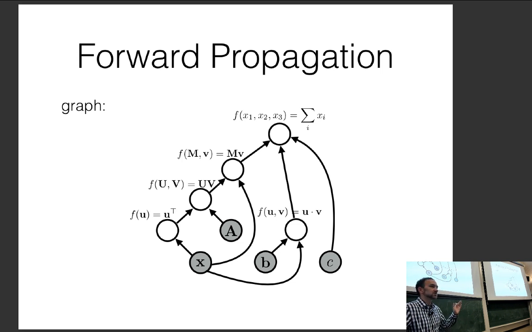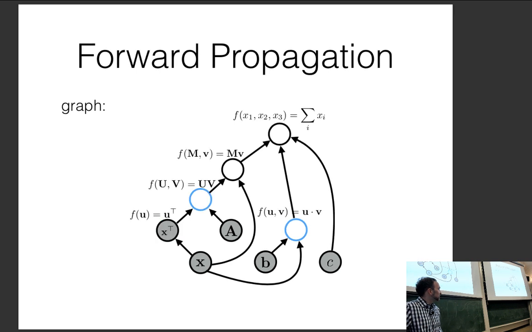They have no incoming edges, so they're ready to compute. And then we also have another couple nodes where each of these nodes is ready to compute because all of their inputs are also already computed. So now we just do a topological walk through the graph.